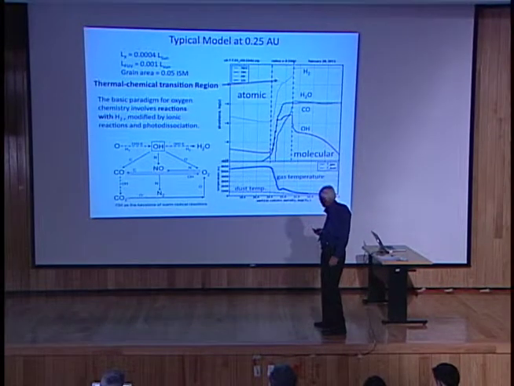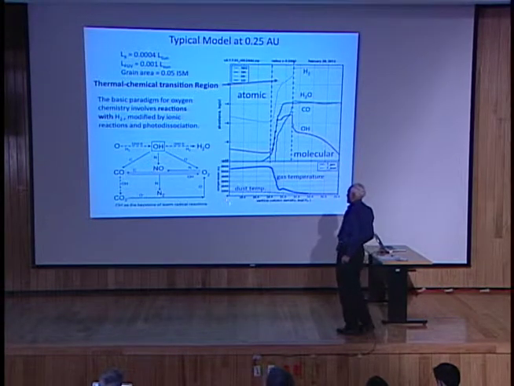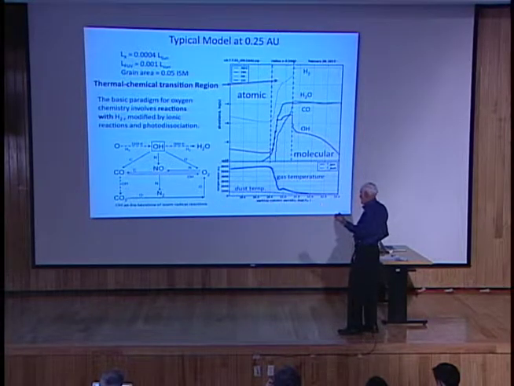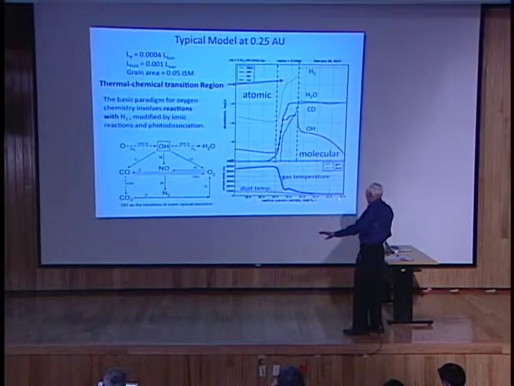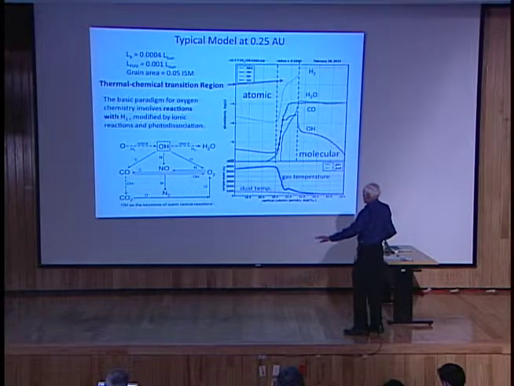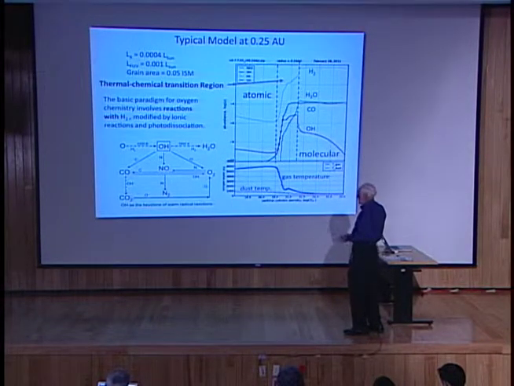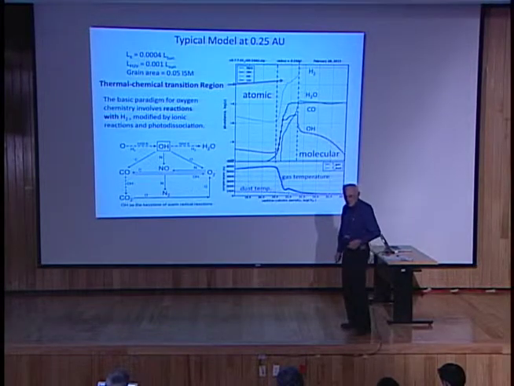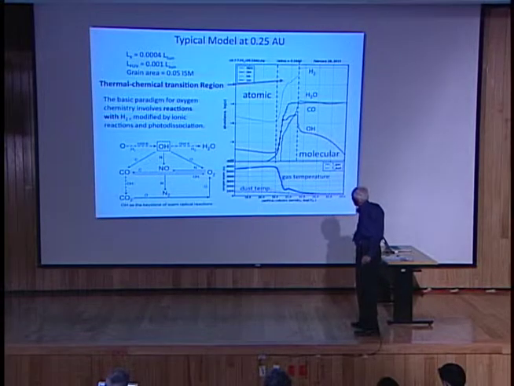Now, over here are the results, and these results are always given now in terms of vertical column density. So this is the z-axis, and the top of the atmosphere is here, and the midplane is over here somewhere. And here is the dust temperature, which comes from our use of what I call the D'Alessio 1999 model, and I've plotted here just a few examples of molecular abundances.